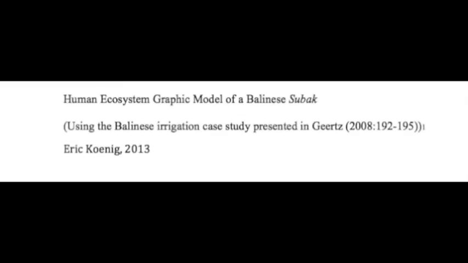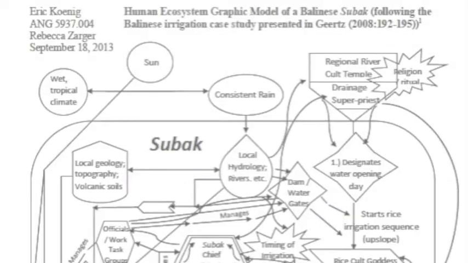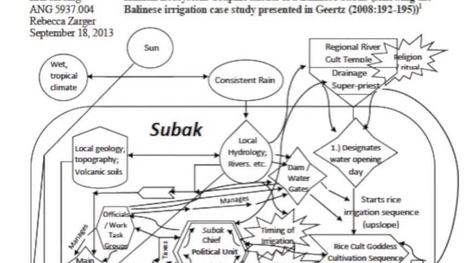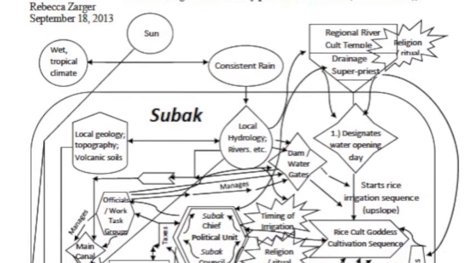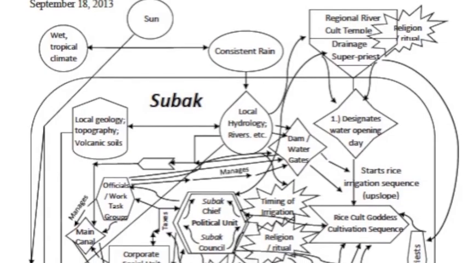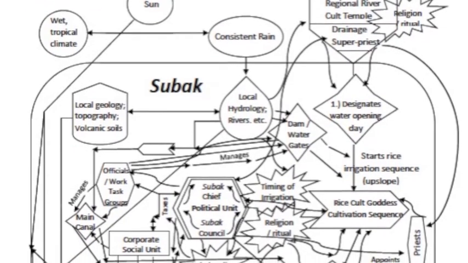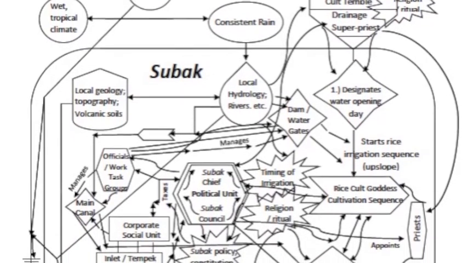Human ecosystem modeling is a tool similar to systems dynamic modeling and is used to gain a big picture perspective of a complex adaptive system. Eric Cohen, a master's student in anthropology at the University of South Florida, created this human ecosystem graphic of the Subak, which is one region of the Balinese rice paddies.